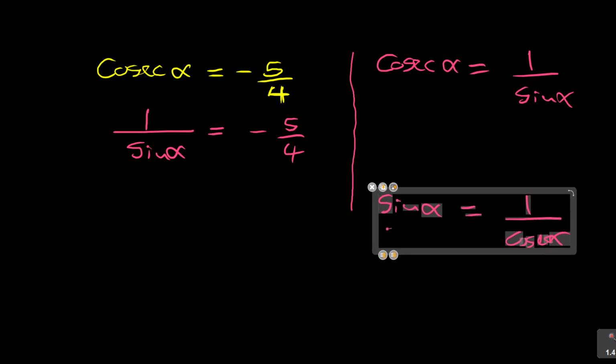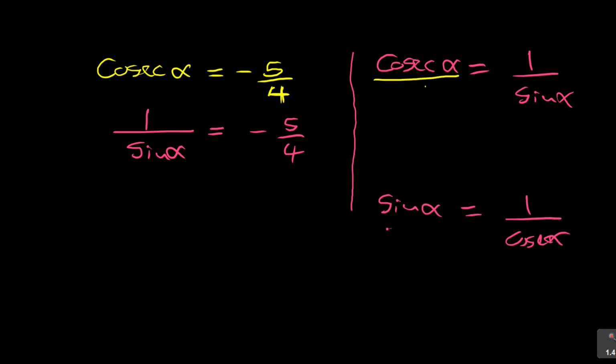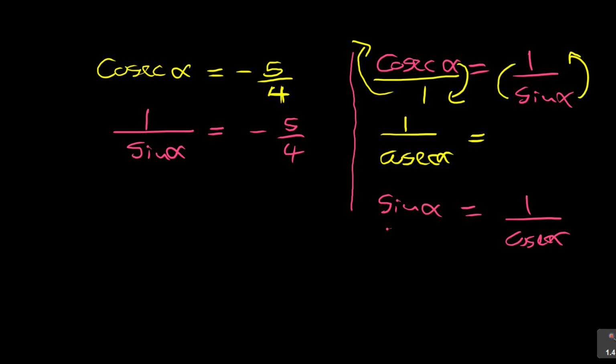If I just come here and say to you this is over 1, now I'm allowed to flip this side and also do that. So I will have what? 1 over cosec alpha is equal to, but what you do on the left, you also do on the right. So it will be equal to what? Sine alpha over 1. But sine alpha over 1 is simply sine alpha, which is what I just wrote down here.